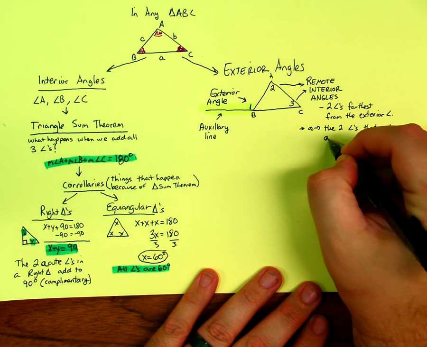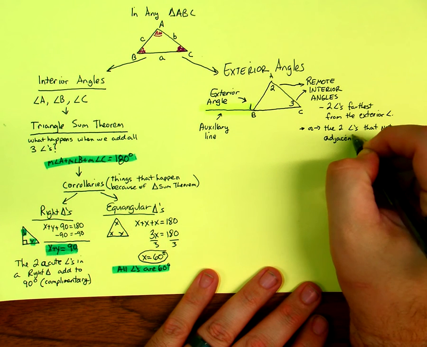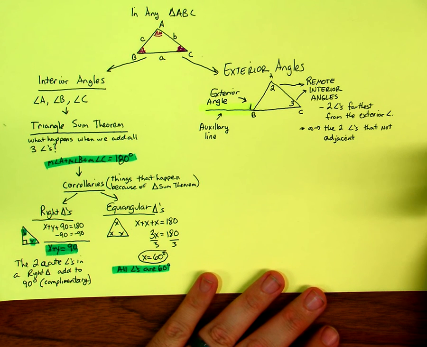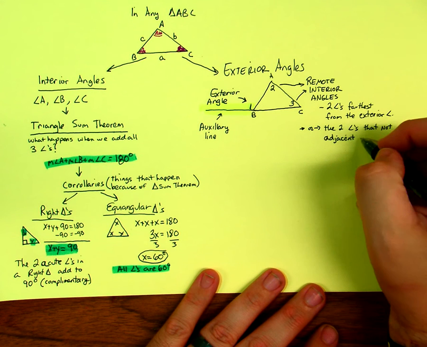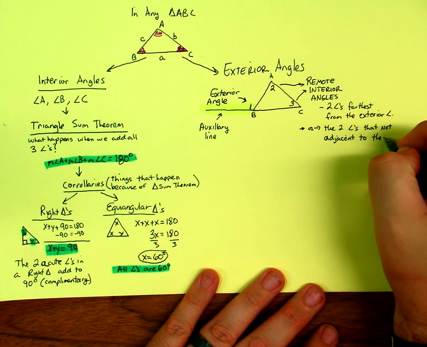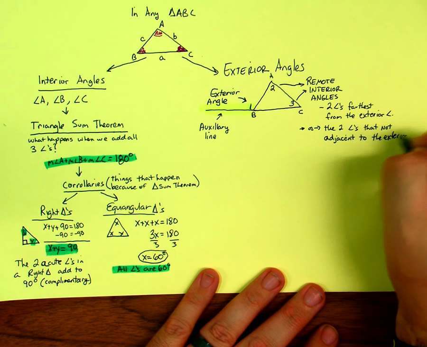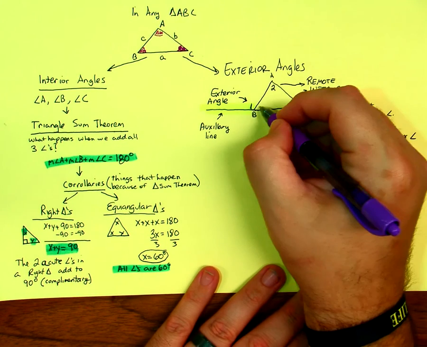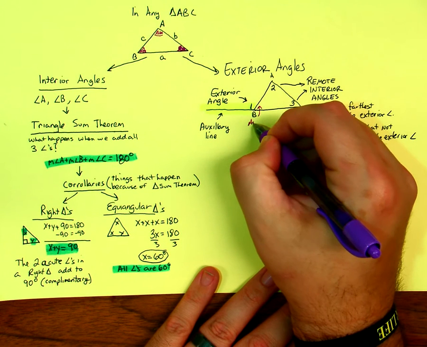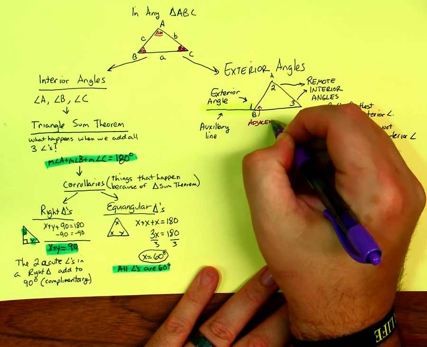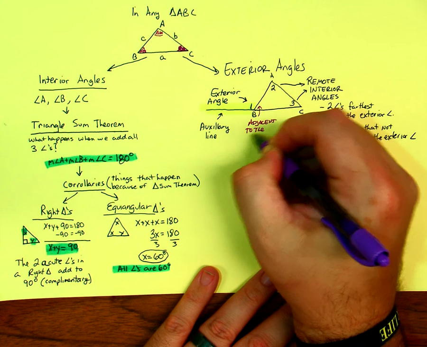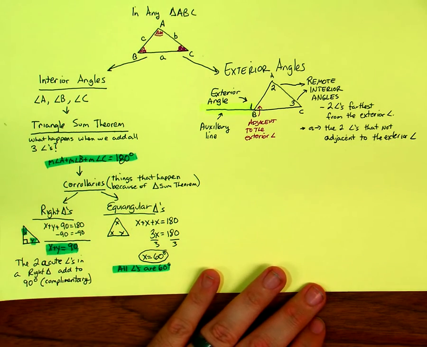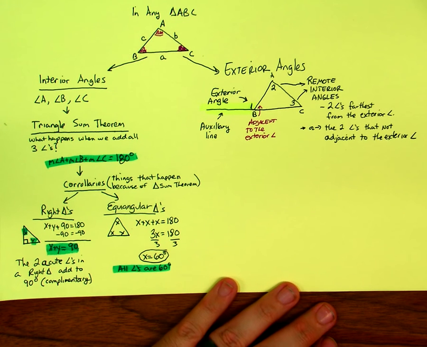Now, what does adjacent mean again? Right next to each other. So they're the two angles that are not adjacent to the exterior angle. This guy right here is the exterior angle, or the adjacent angle to the exterior angle.